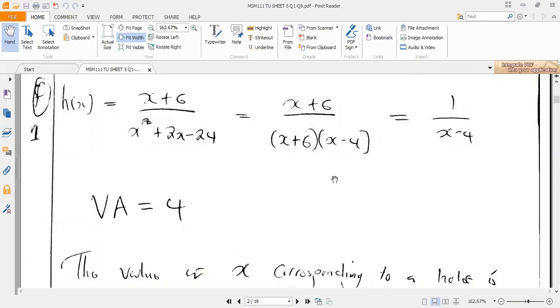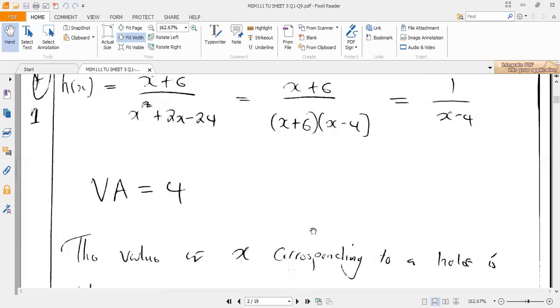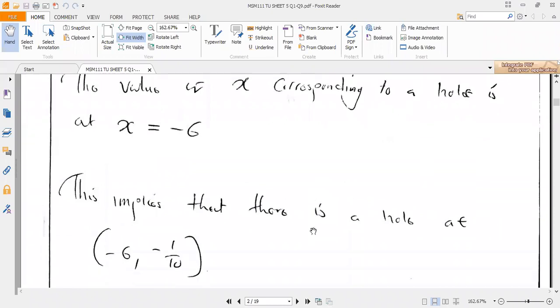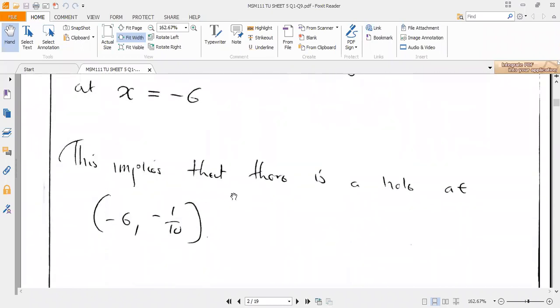So at -6 comma -1 over 10, isn't it? That's why your hole will take place. This simply tells you that the hole will happen at this point, -6 comma -1 over 10. And now you see the pattern on how to solve this question 1.